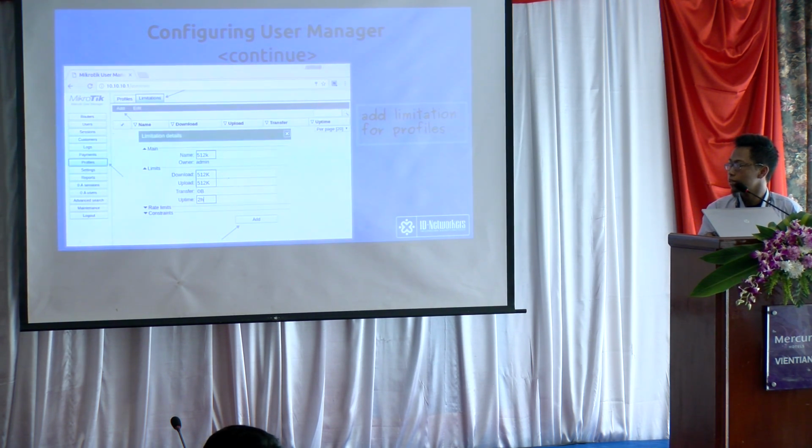We can control upload and download speed. Yes, we can manage our bandwidth. So if we have configured, in this example, I configure the download bandwidth for 512 kilobit and upload 512 kilobit. So the user just have 500 kilobit bandwidth for download and upload.